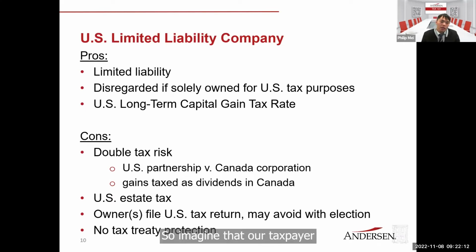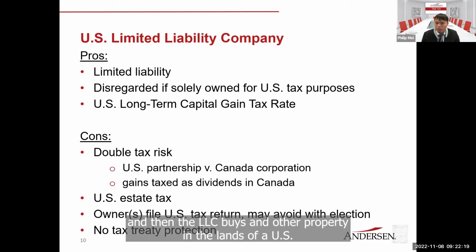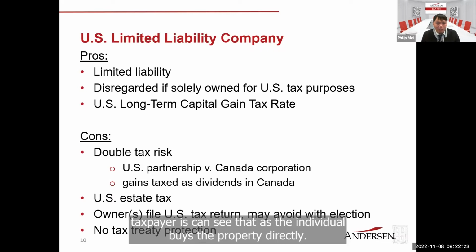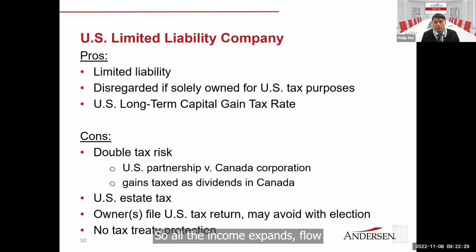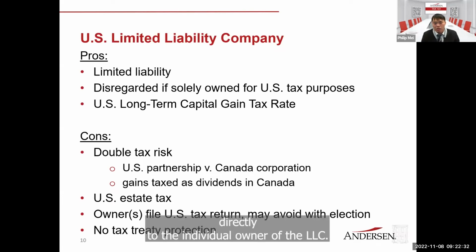So imagine that our taxpayer forms an LLC, being the sole shareholder, and then the LLC buys a property. Through the lens of US tax purposes, it is considered as the individual buying the property directly. So all the income and expenses flow directly to the individual owner of the LLC.